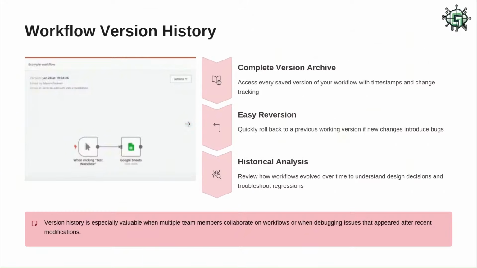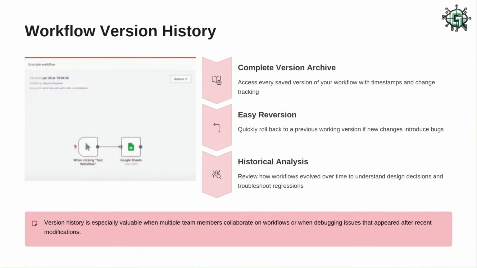Every workflow keeps a complete version archive with timestamps and change tracking, such as when it was last updated and how many updates have been made. You can easily revert to the previous working version. If we thought the update was good but it wasn't, you don't need to remove the update manually. You just revert the version and automatically get the older version.